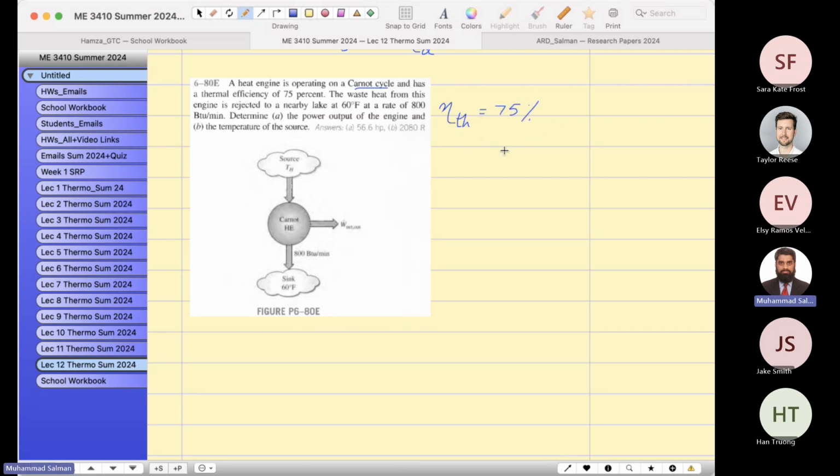The waste heat from this engine is rejected to the nearby lake. This is the lake at 60 degrees Fahrenheit. The temperature of the sink is 60 Fahrenheit, but we have to convert it into Rankine.